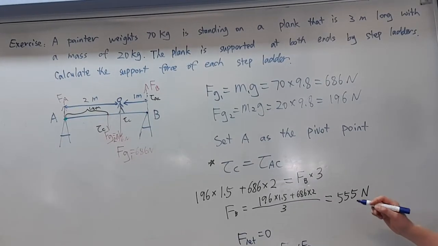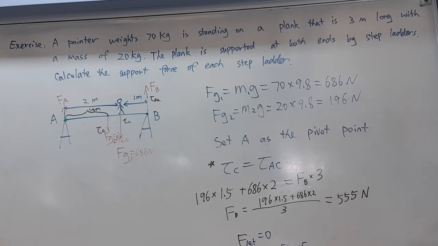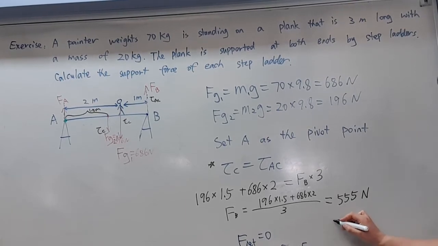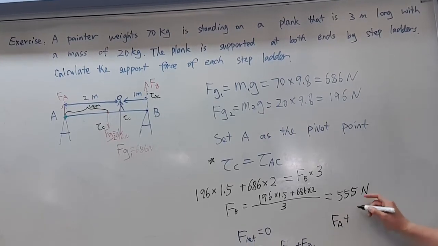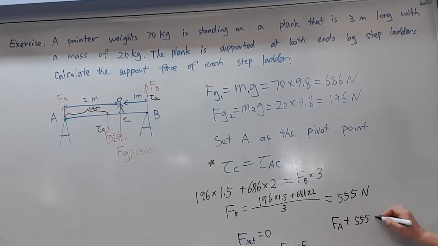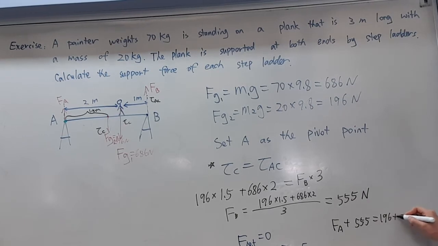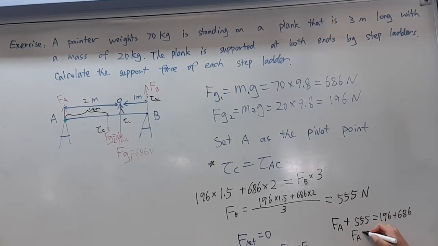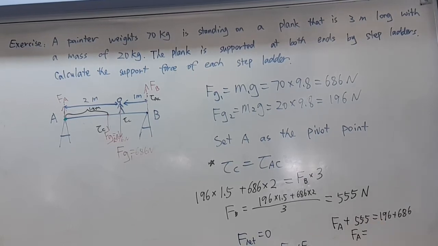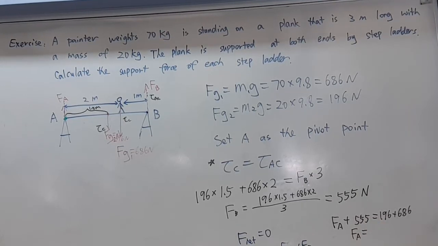Does that make sense? Okay, and then I can put the numbers in there. Well, FA is I don't know, plus FB 555 equals to 196 plus 686. Then I can rearrange to find FA, how big it would be.